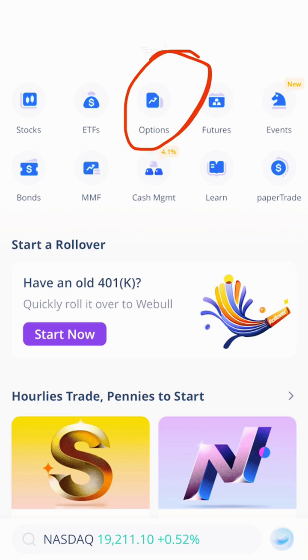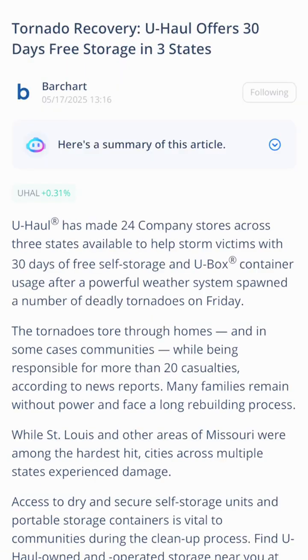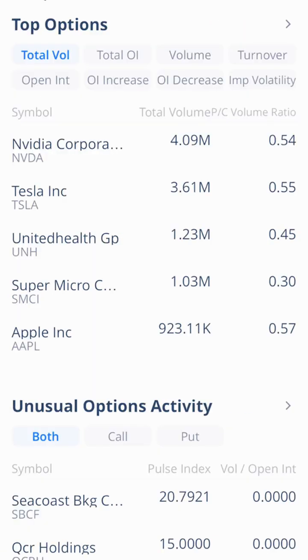But just for the sake of the show, go on Webull, and you want to go to the option center, and right here is circled so that you can see what it looks like. You scroll down to the place where it says top options or unusual options activity.